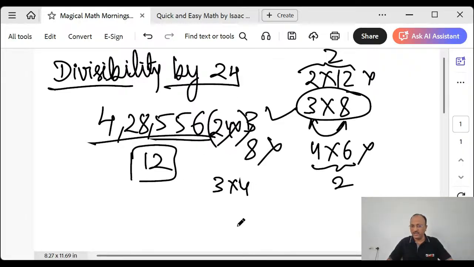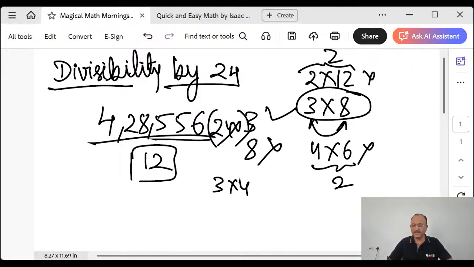Already we checked with 3. Directly check, is it divisible by 4? And type whether the number is divisible by 12. Type yes or n.